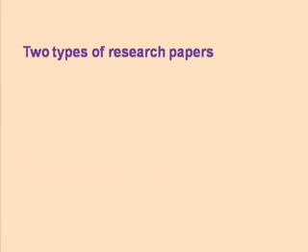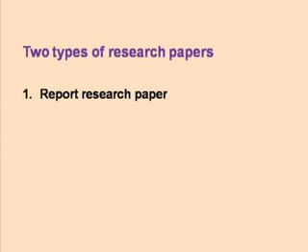Now, I will go on to two types of research papers. In its broadest sense, the term research simply means scholarly or scientific investigation or inquiry. When applied to a student's work for a particular paper, the term can mean one of two things. 1. Report research paper.